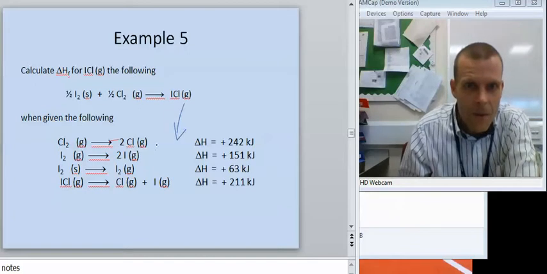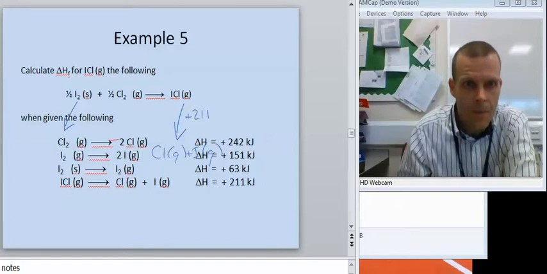Let's come this way to begin with. So I can get CO gas and I gas, and that's going to be plus 211 doing that. Now my iodine's currently a solid, and this is the mistake I just saw I made. I've got to get it to a gas first. So I'm going to change that from solid to gas, which is this one, but I'm only doing half a mole of it.